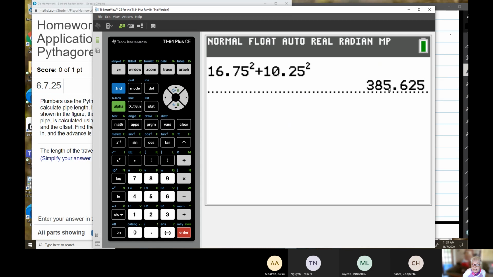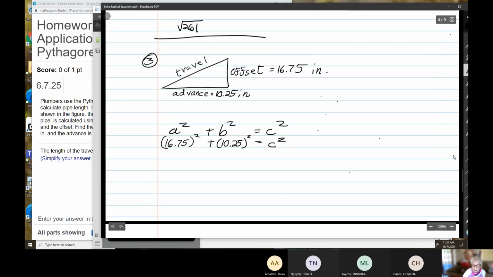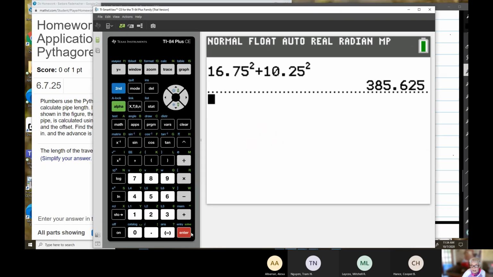Okay, now I'm going to take the square root. Why am I going to take the square root? Because this is going to be, what is this? There it is. 385.625.